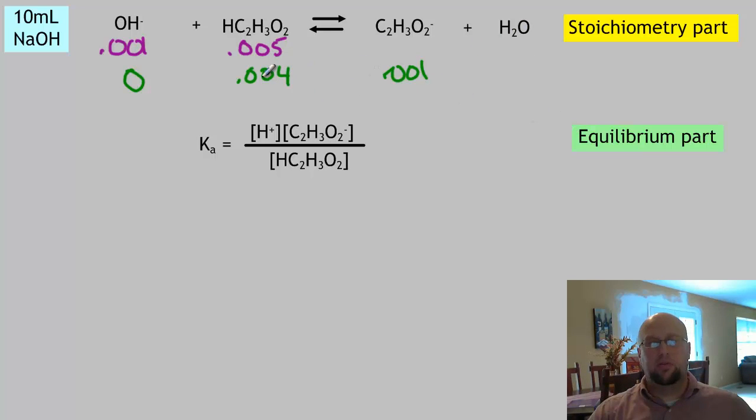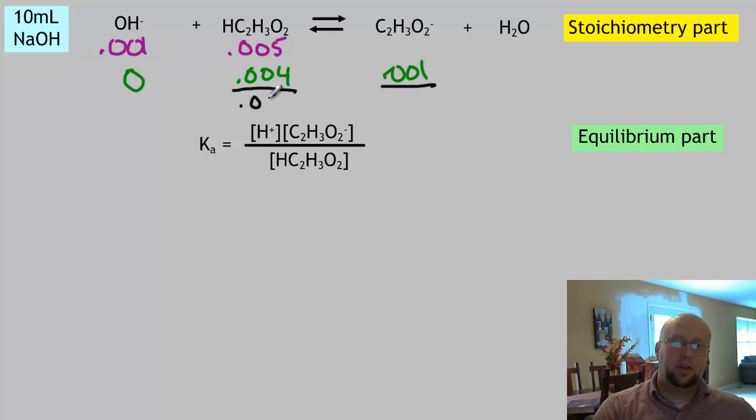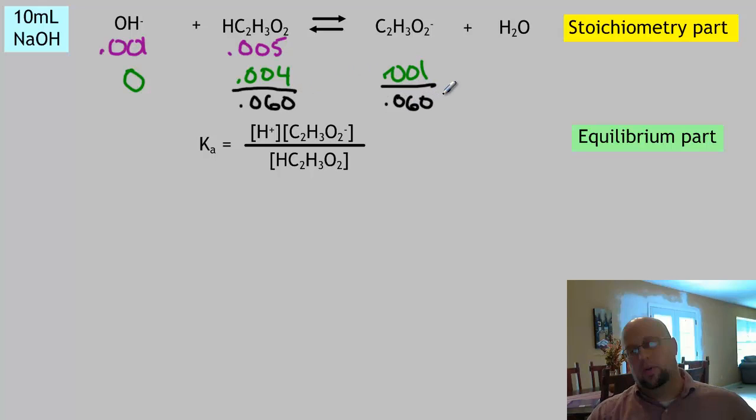Now, to get to equilibrium, of course, since these are moles, I need molarities, and so what I have to do to get my molarities is divide each of these by the volume. And it's not the initial volume, right? Because we had 50 milliliters, and now we've added 10 milliliters to it. So now we're talking about 0.060 liters. Okay?